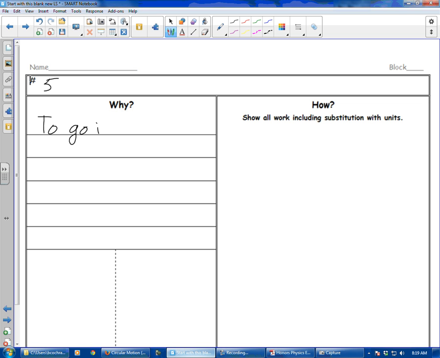I'd first start off showing that you understood that to go in a circle, you must accelerate towards the center.